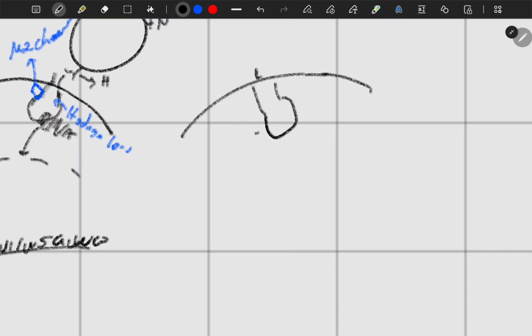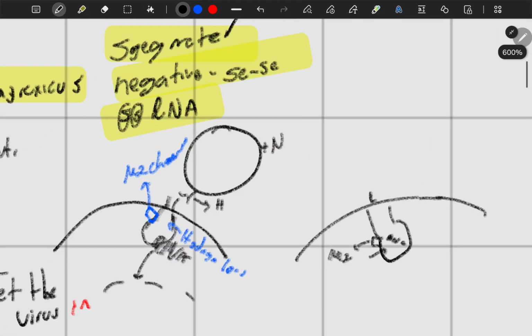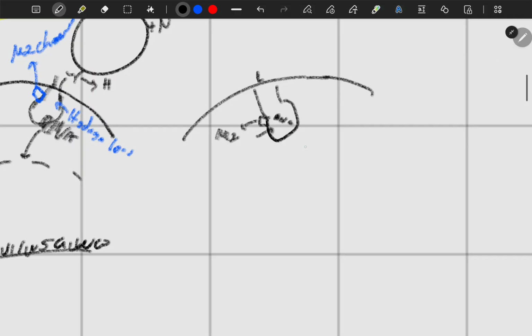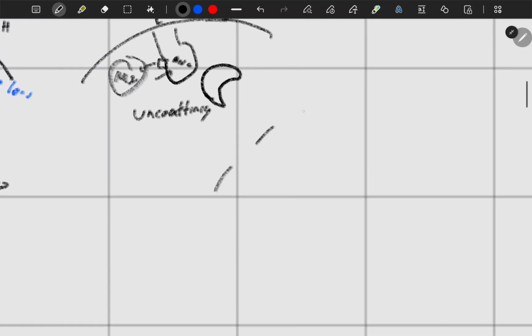They start the acidification through the M2 channel. Here is the RNA. Remember that it's a single-stranded, negative sense RNA. Then we have the uncoating, and then this enters into the nucleus.